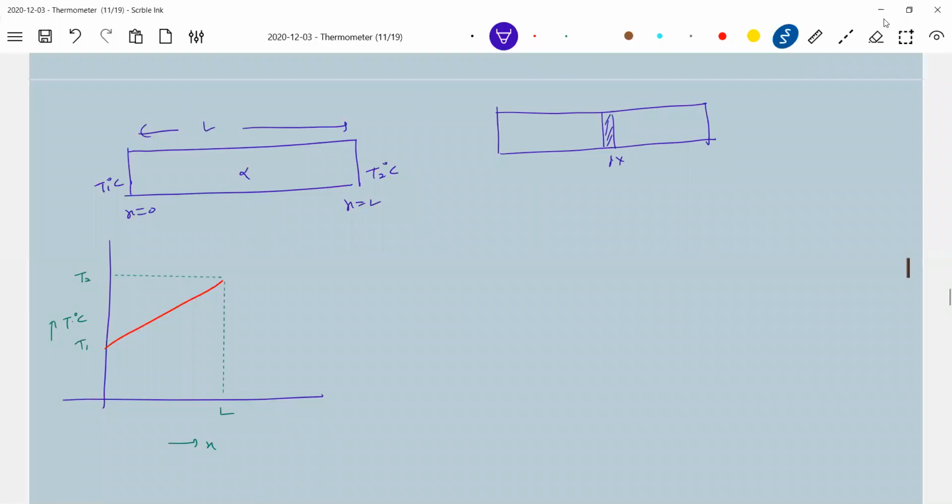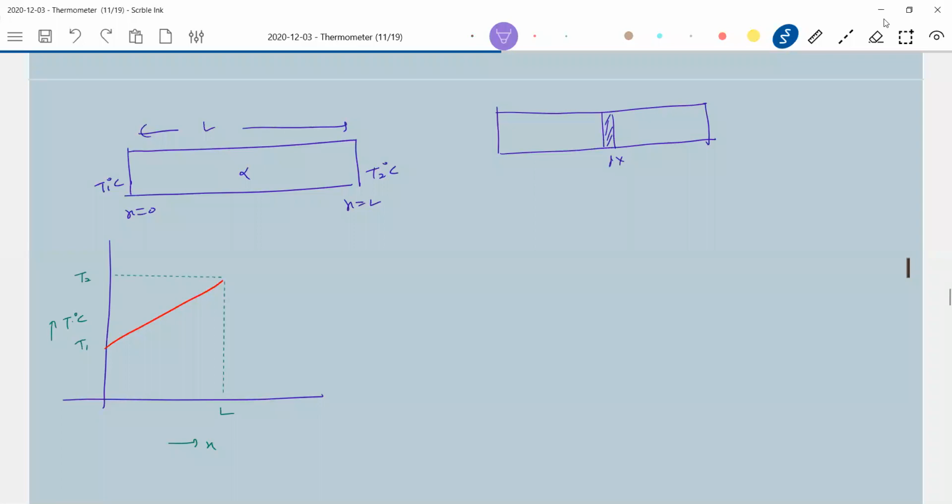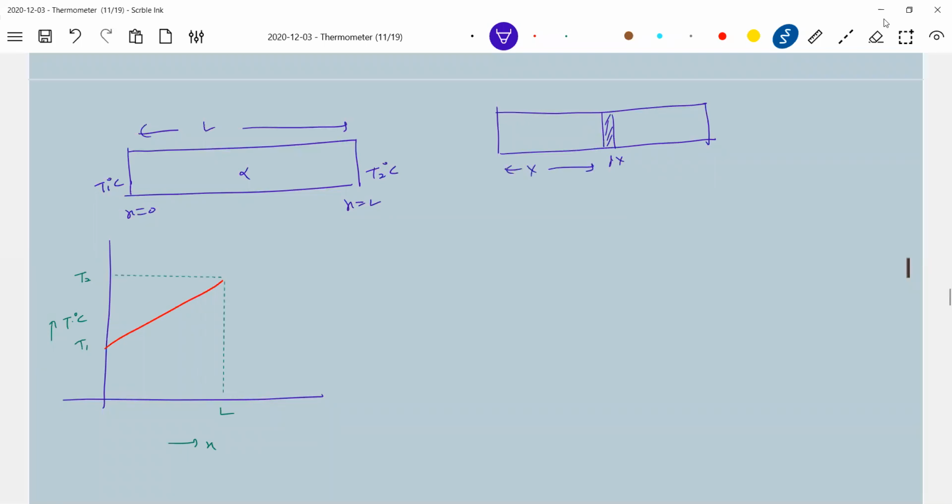Shall we first find out the elongation in this small element? Before that, what about the temperature? Temperature varies. So what is the temperature at this particular point? We'll find out the variation of temperature here. How to get temperature at any distance x? Anybody, any formula?